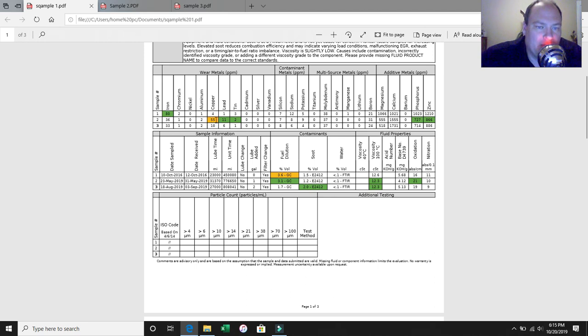But when you have it like here, elevated copper along with some overlayment in a bearing, I would look more towards a bearing. Copper would be like a turbo bearing, main bearings, possibly rod bearings, stuff like that. So this gets a little complicated.